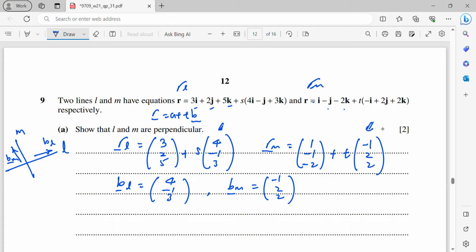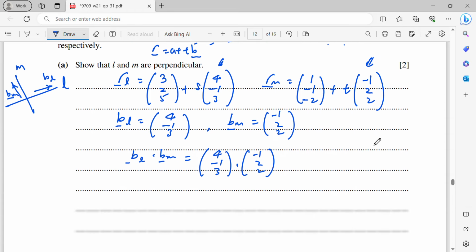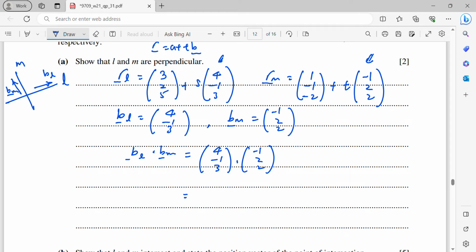Okay, so now I get the dot product, bL dot bM, the scalar product, which is (4, -1, 3) dot with (-1, 2, 2). Then I need to get the scalar product, which is 4 times -1, plus -1 times 2, plus 3 times 2.